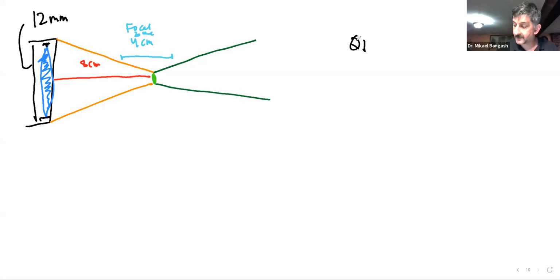So the first question reads, what is the best estimate of the diameter or width of the sound beam as it exits the transducer? If we look at the beam at this point here, we'll say its diameter, or either the width and or height.